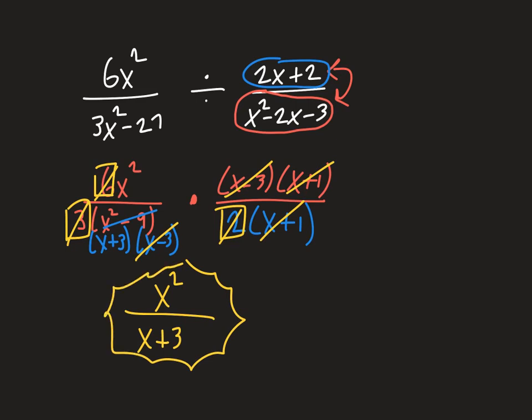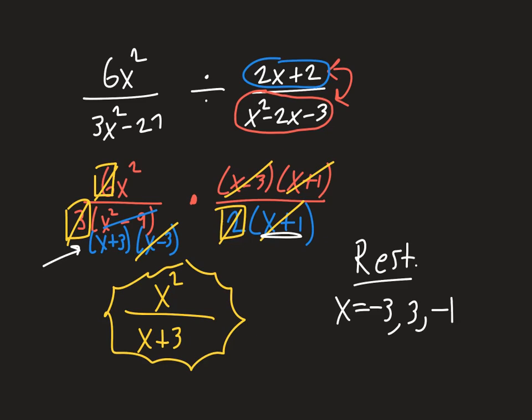Now we just got to watch for any restrictions, and this one we got to be a little careful. Remember, anything that makes a denominator 0 is a restriction, right? So from the very beginning, actually from the second step here, I see restrictions of x equaling negative 3, x equaling 3. From this denominator, x equaling negative 1.